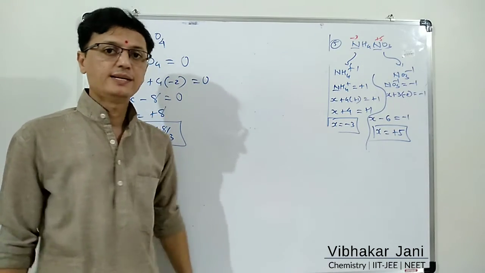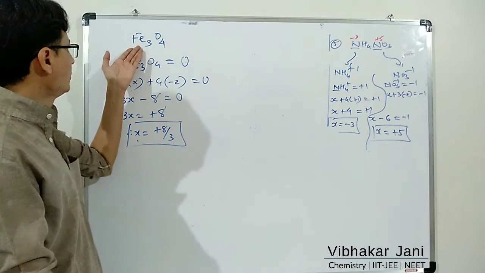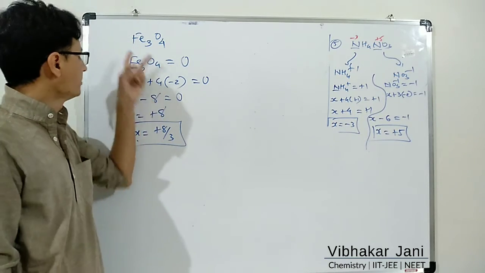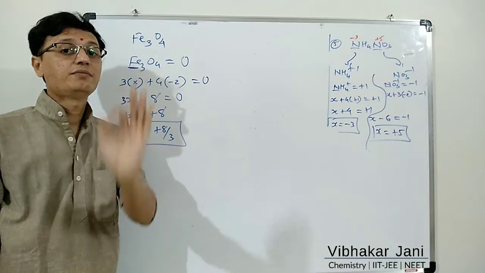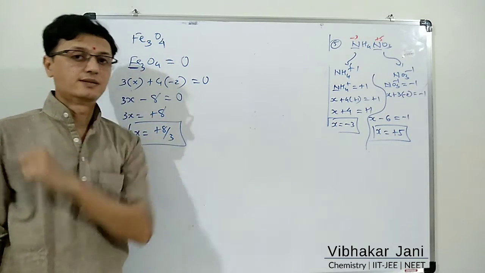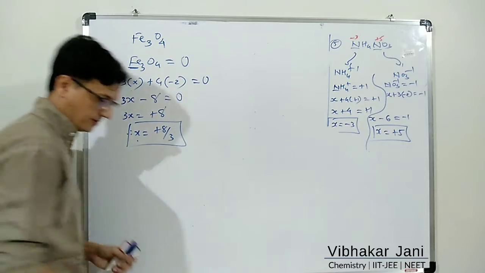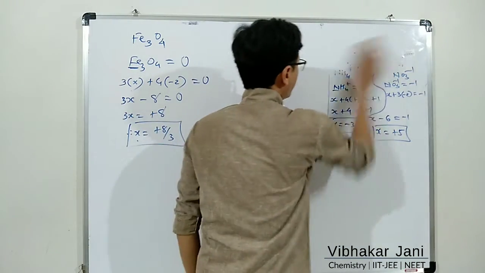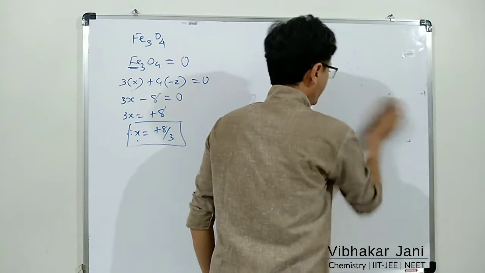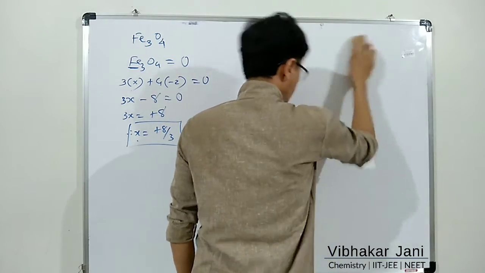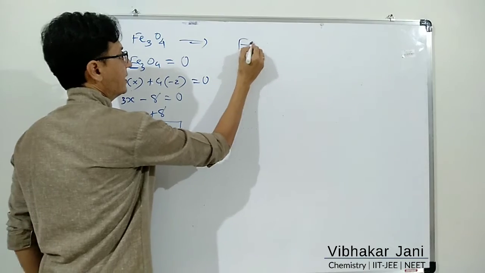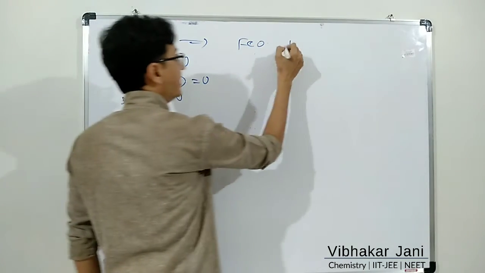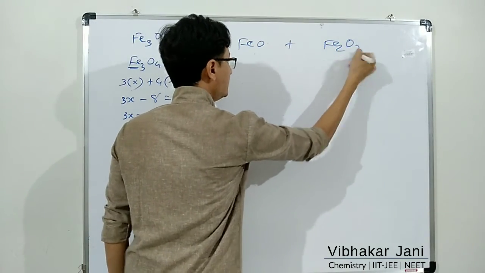Okay, now let us find the individual oxidation state of all the iron elements. Here we have 3 Fe, but all these 3 Fe do not have the same oxidation state. Why? Because in Fe3O4, there are 2 compounds mixed together. It contains FeO and Fe2O3.